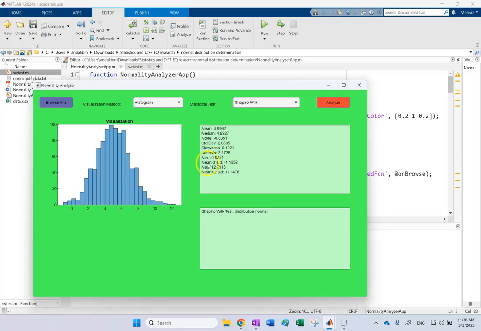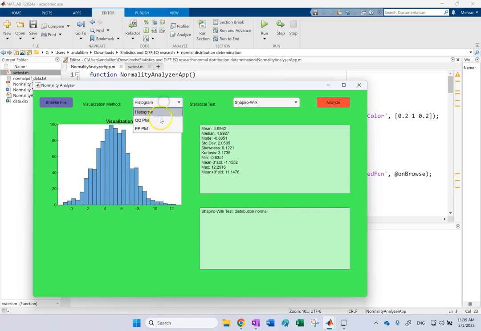Here I calculated mean minus 3 standard deviation and mean plus 3 standard deviation, and I also have my mean and max of the data. And you see that they are not far apart from each other. Okay, so that is a good indication in terms of descriptive statistic that the data is normal. Histogram looks like a good one, and your Shapiro-Wilk test says the distribution is normal.